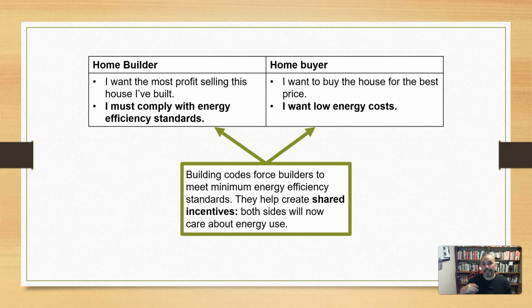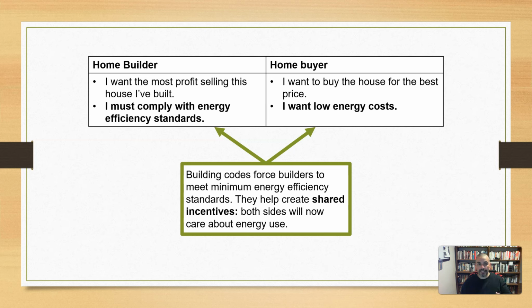So one of the things that building codes can do is they enforce certain kinds of energy efficiency standards. Over time, building codes have done things like expected more insulation, tighter buildings with less infiltration, and other things that reduce their heating and cooling costs.